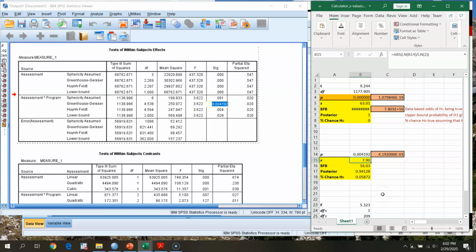Suggesting that for these data, evidence against the null hypothesis that the pattern of means over the course of treatment is going to be identical for each one of the treatment groups, evidence against that null hypothesis would be equivalent to getting 8 consecutive heads on a hypothesized fair coin. So we're starting to see some fairly convincing evidence against the null hypothesis.